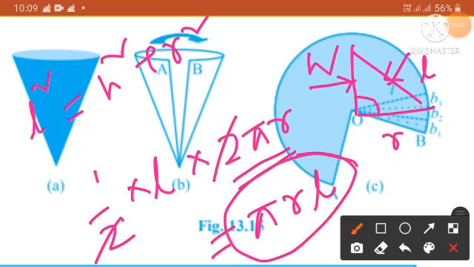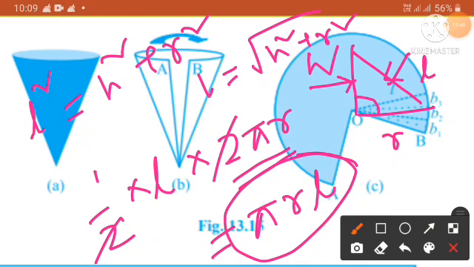That means slant height L is equal to root over height square plus base square. Okay, got it? So we know it is the Pythagoras theorem, where h is the height of the cone. So we are getting L equal to root over h square plus r square.